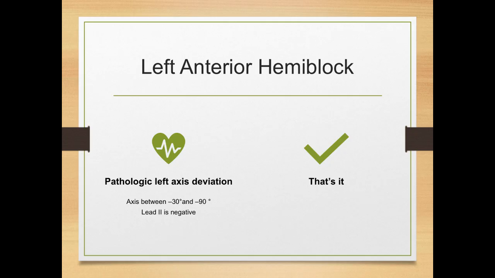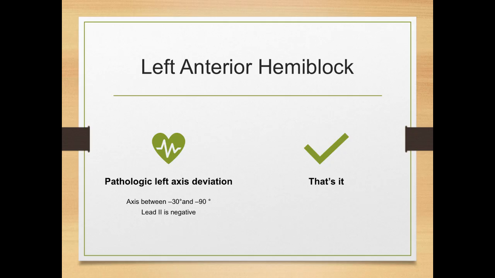So if we're looking at the numbers between negative 30 degrees and negative 90 degrees, in the leads, lead 1 is up, aVF is down, negative, and lead 2 is negative. So lead 2 is our decider in left axis deviation. Lead 2 here is negative.